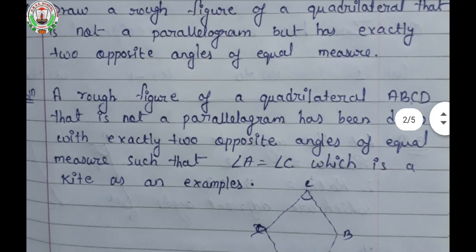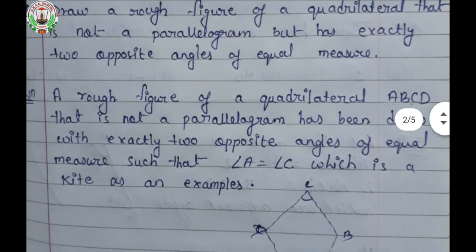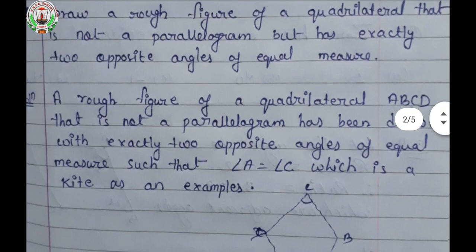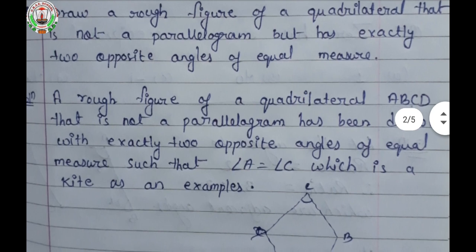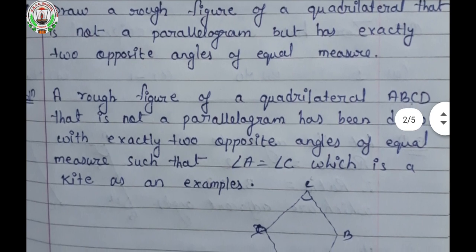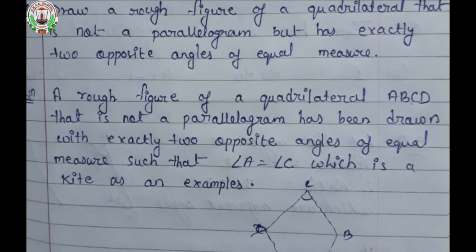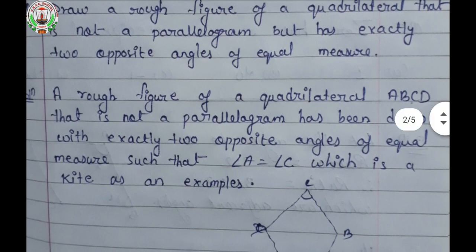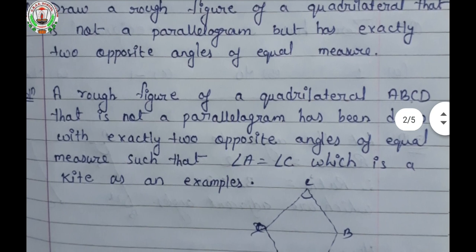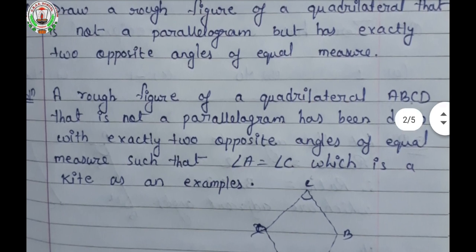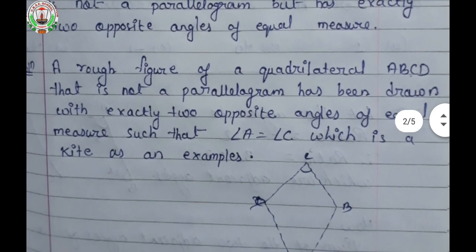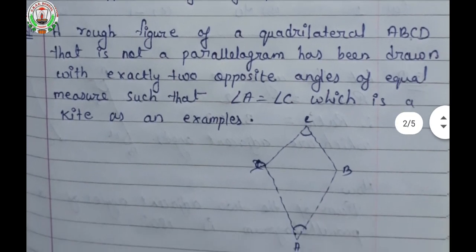That means you have to draw a quadrilateral in such a way that its opposite angles are equal in measures. Why is parallelogram mentioned? Because parallelograms come under the classification of quadrilaterals, isn't it? That's why. So look at the solution.